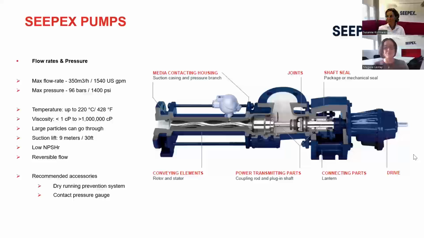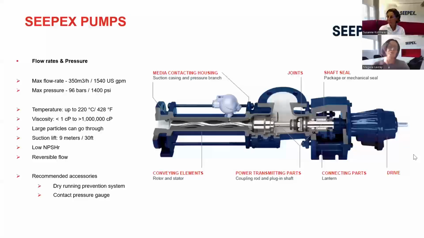So please remember this maximum flow rate and know that everything that is below 350 cubic meter per hour or below 1,500 US GPM, we can use a progressive cavity pump, bringing reliability and decreased cost.